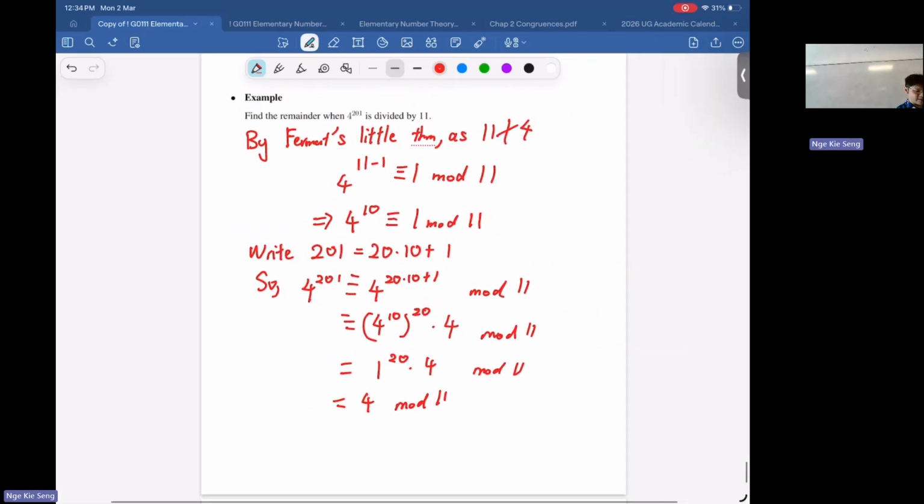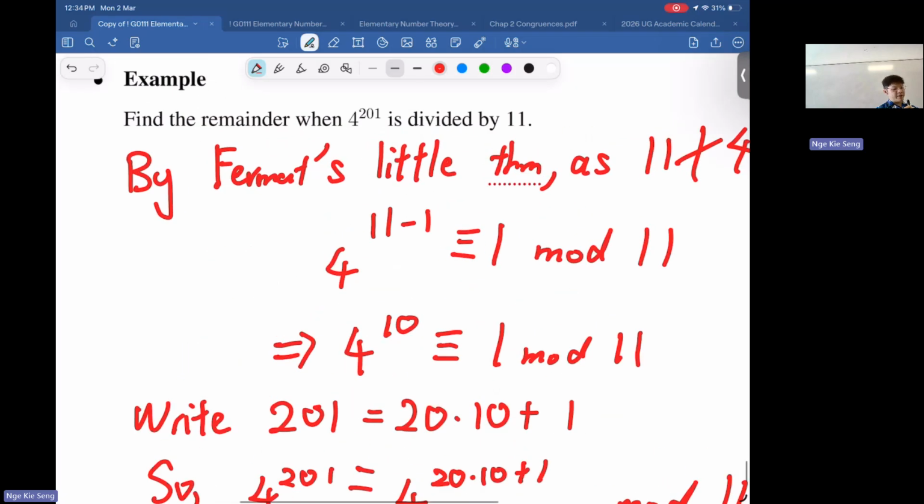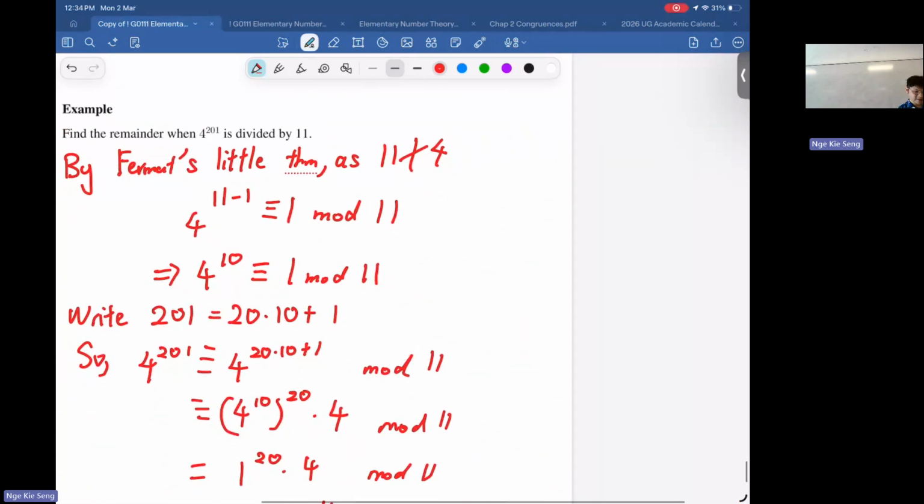Okay, so the remainder, to answer your question, hence the remainder when 4 to the 201 is divided by 11 is 4. Yeah. So that's why we pick this 201, easier to compute in this case.